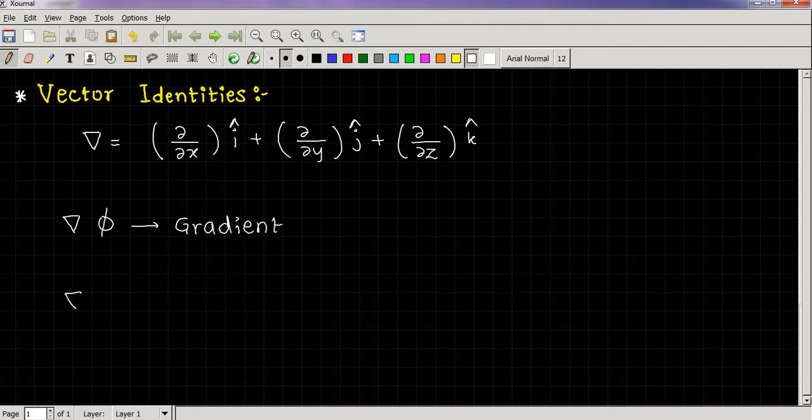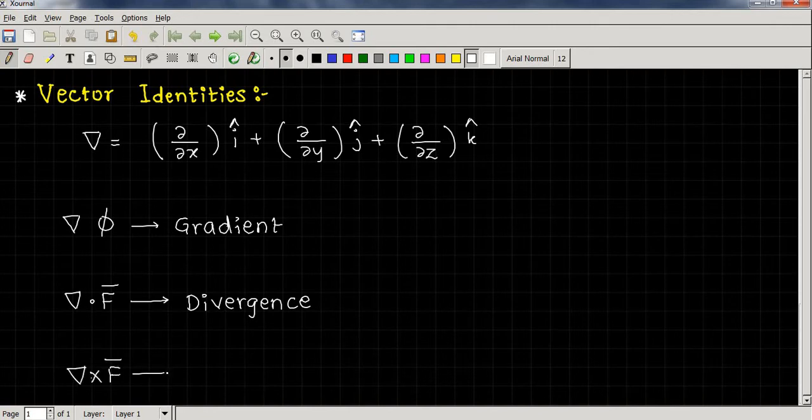Similarly, if we operate this vector differentiation operator on a vector function by using scalar product, it is known as divergence. If we operate vector differentiation operator on a vector function by vector product, then we call it as curl.